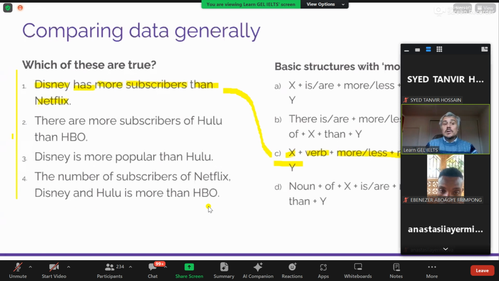I'd like you to look at sentence number 2, 3, and 4 and match to the correct structures, A, B, and D. Look carefully and type the correct matches of sentence and structure, please.